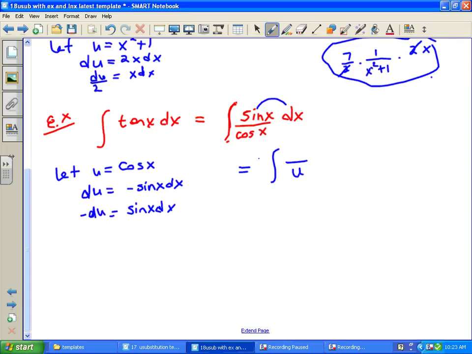So I should put the negative outside and the du on the inside. Now what can we say about the integral of 1 over u du? Exactly, negative ln of the absolute value of u plus c, and then putting the u back in, we get ln of cosine x in absolute values plus c.